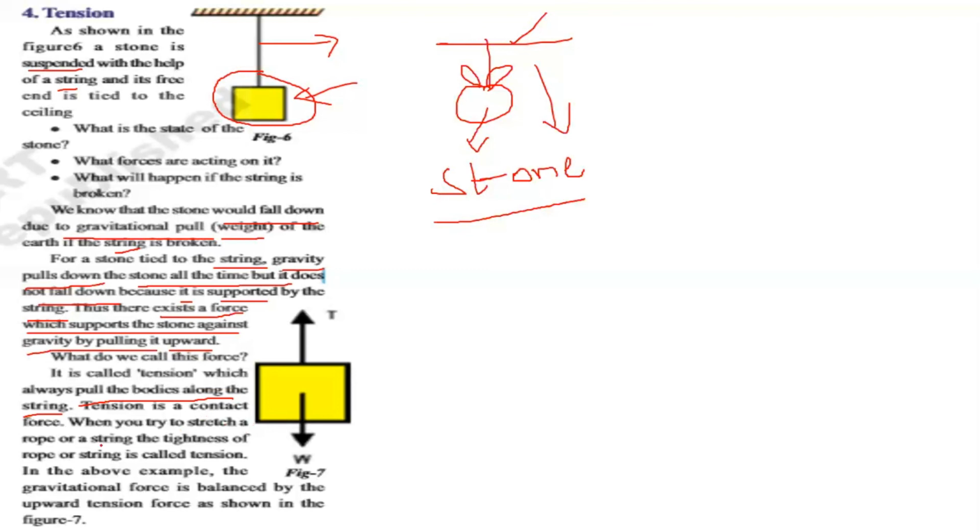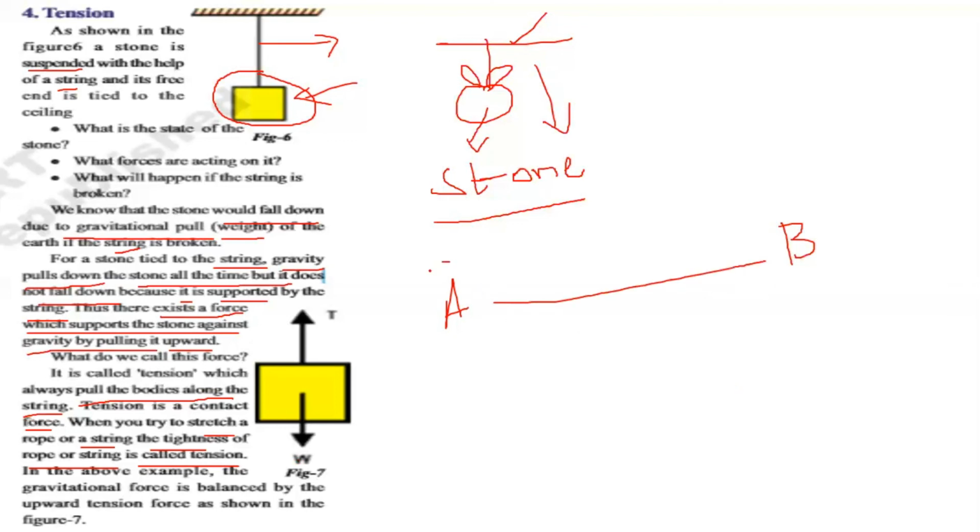Tension is a contact force. When you try to stretch a rope or a string, the tightness of the rope or string is called tension. For example, suppose there is a man called A and a man called B, and in between them there is a thread.